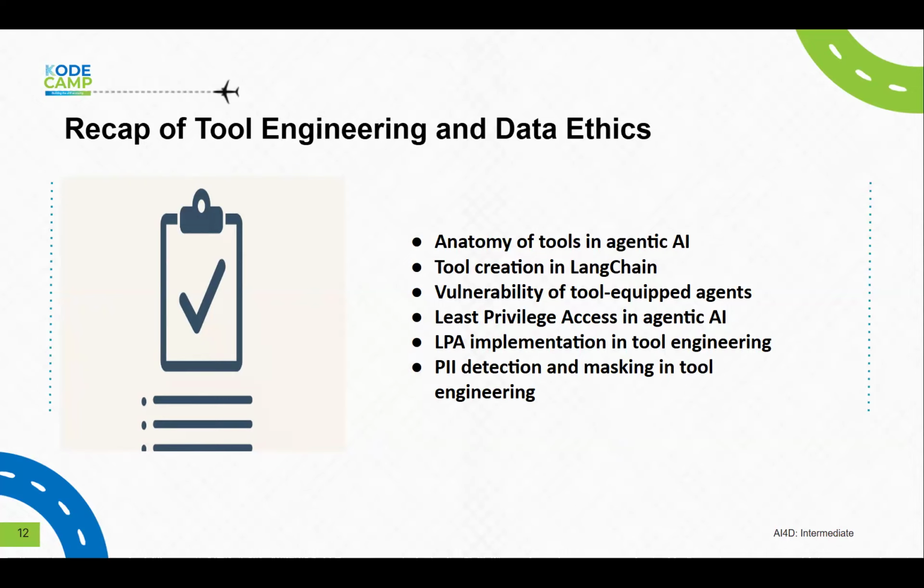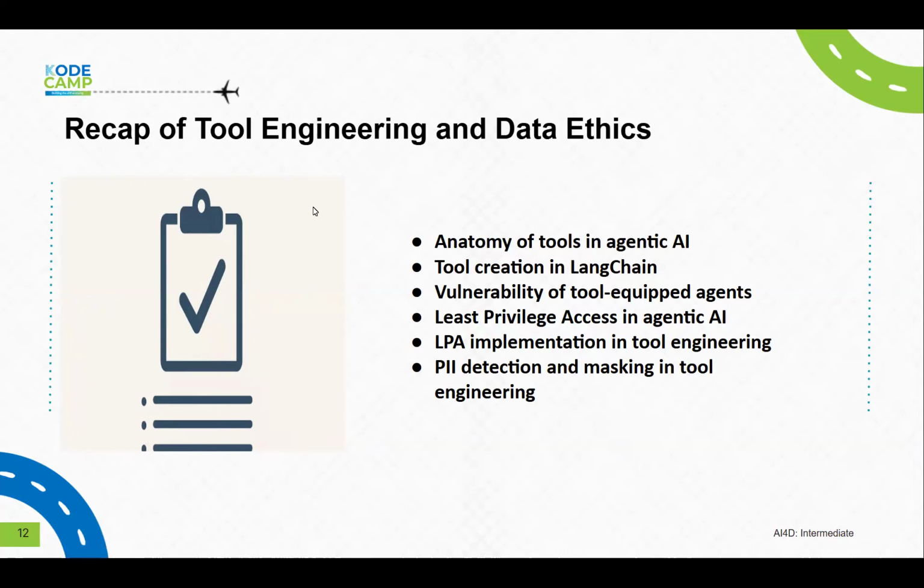I also grabbed the one which is the least privileged access, which is basically limiting the access of the agentic AI. When these agents want to interact with a database, there are some limitations. There is some private information that this agent should not be able to access.